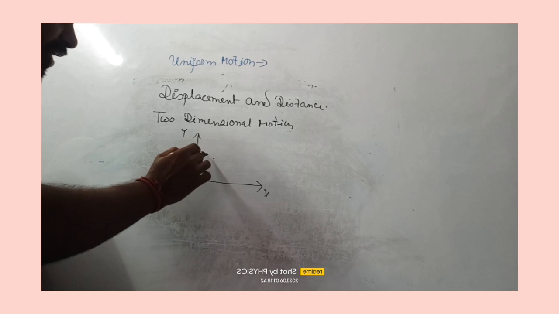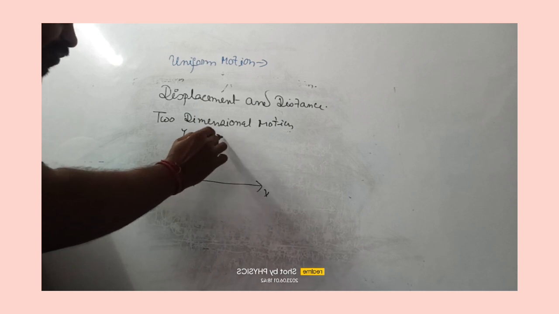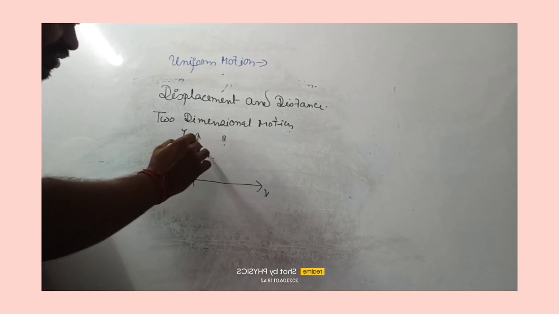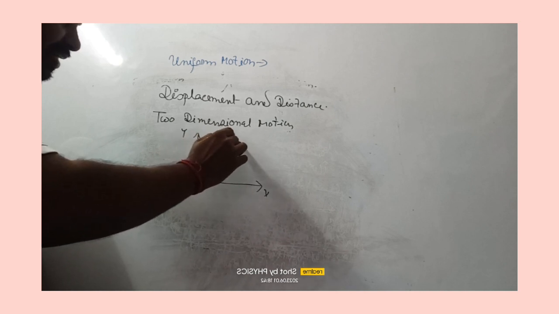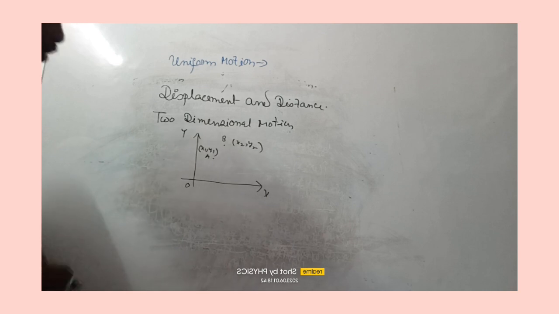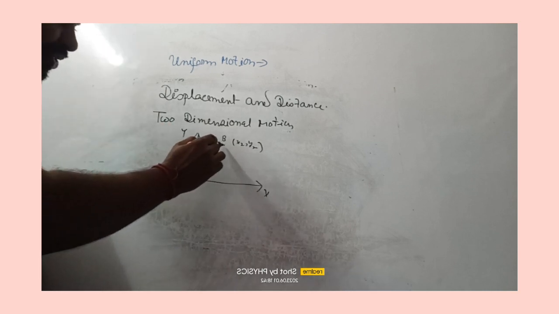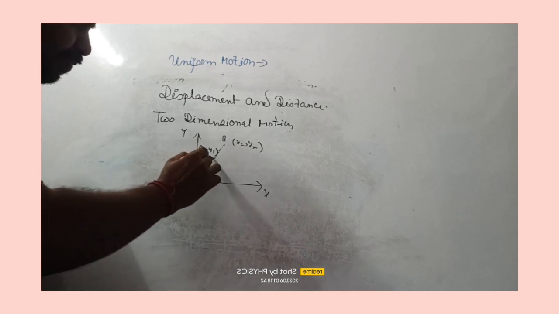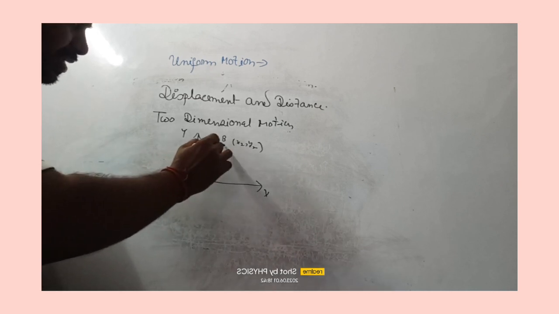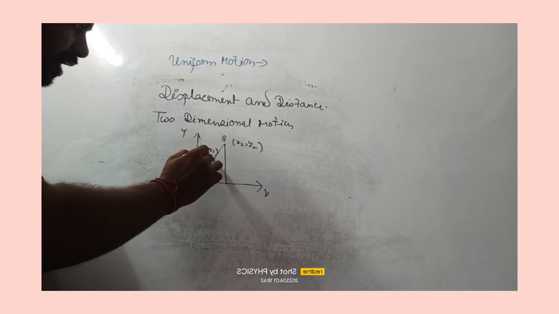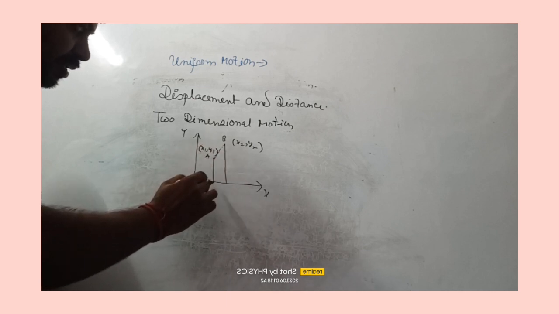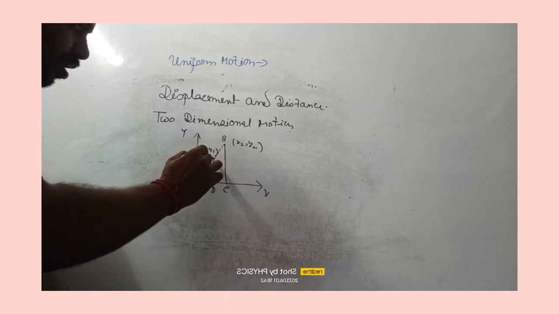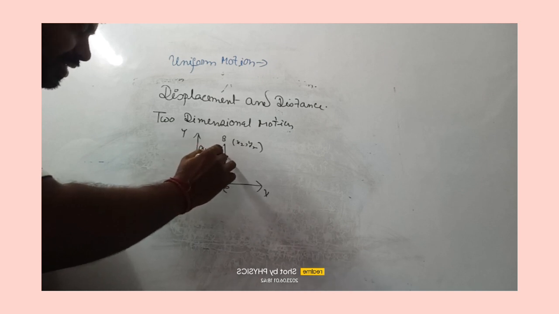A point is initially at point A and moving to point B. Let us consider its coordinates x1, y1, and x2, y2. Now, how to measure the displacement? Here we draw perpendiculars over the x-axis, let us name the points A, B, C, D, and draw a perpendicular on BC from A, that is E.